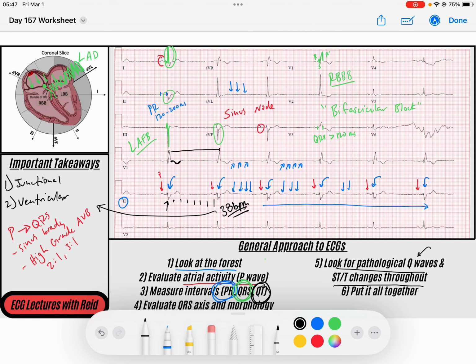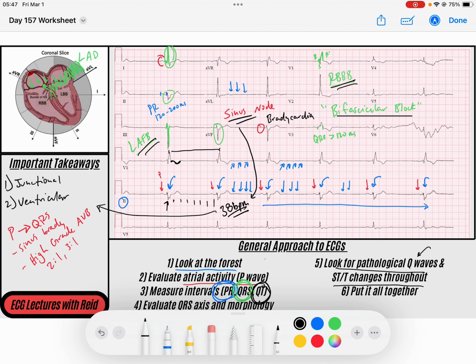And so what do we have here? We've got a sinus rhythm at a rate of 38 beats per minute, so that would be a sinus bradycardia, right? We have a bifascicular block, which is a right bundle branch block and a left anterior fascicular block in this case. So kind of a funky rhythm here.